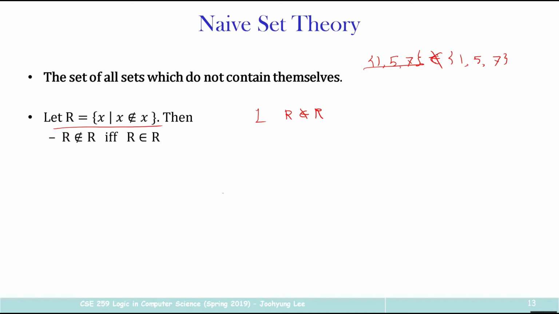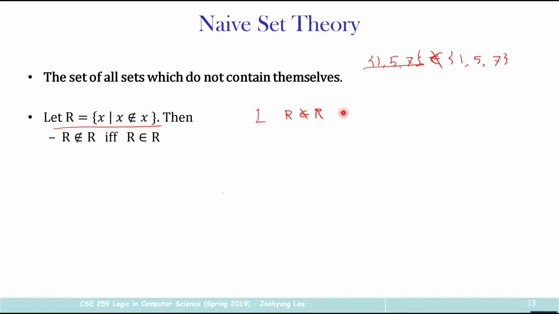Now let's look at the definition of R. R is saying that anything that does not contain itself must belong to R, right? If R is not a member of R, then it satisfies this condition, and by definition of the set, this R must be a member of R.